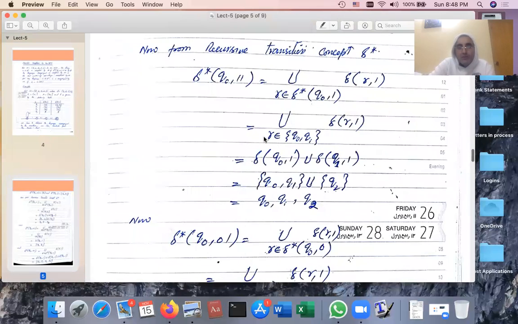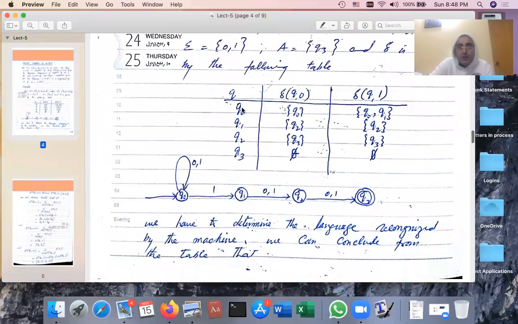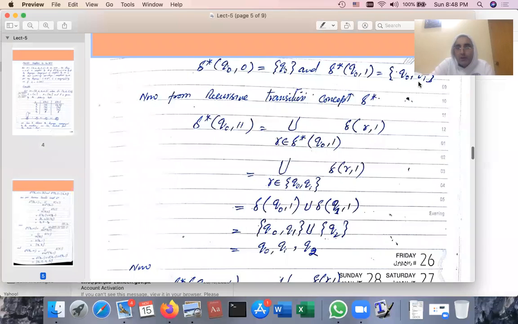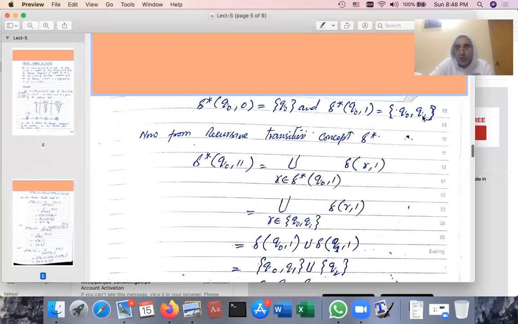So union over R belonging to delta star Q0 with 1. What are the states for Q0 with 1? These are the two states Q0, Q1, something I already have done for delta star Q0 with 1: Q0, Q1. I can either refer to this calculation or the table. So R belongs to delta star Q0 with 1, which is Q0, Q1.